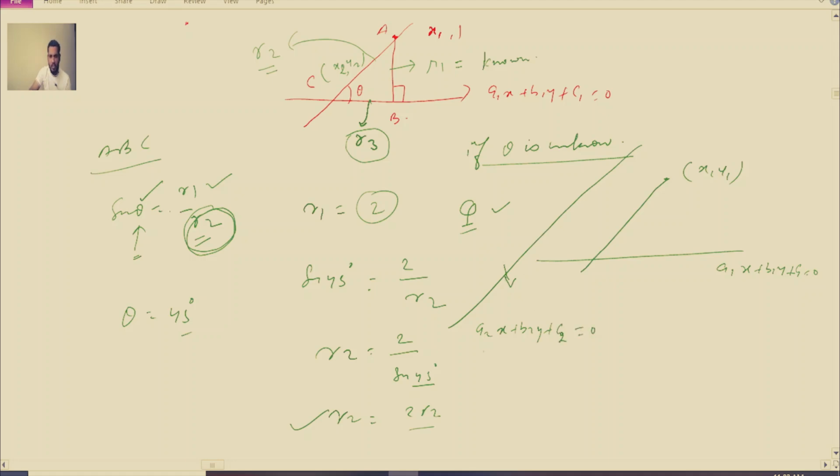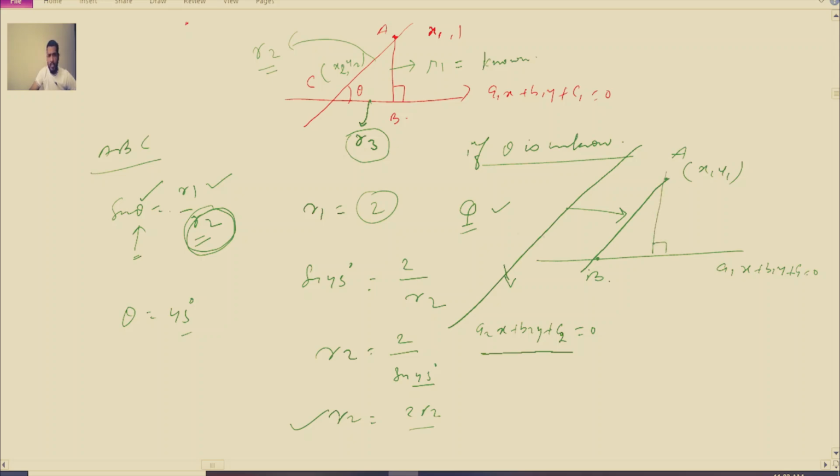This one is a known line and this one is also a known line. We want the angular distance of point A, the distance parallel to this line. Let's say this point is B. This is our task, how to find the distance between A and B.